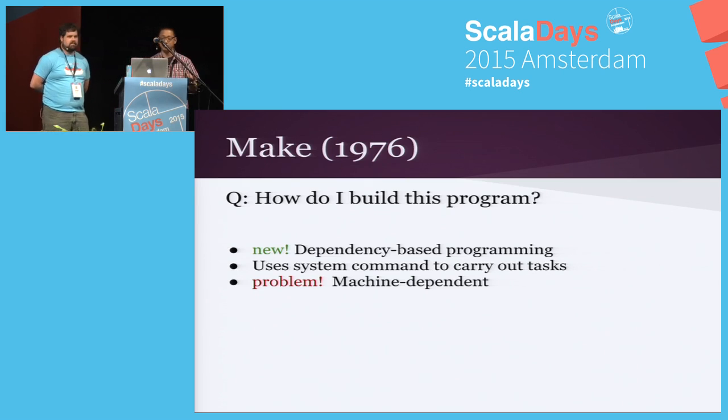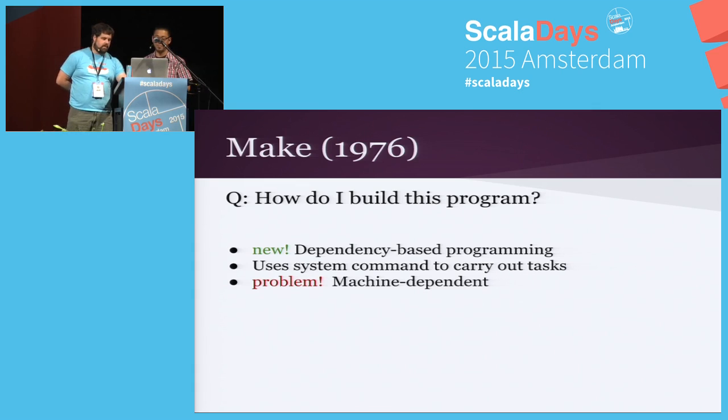So that's pretty cool. The downside is that it's using system level commands to carry out the actual tasks. So what would be the problem then? The problem is that you couldn't actually cross machines with make unless the actual executable or command that it was calling was something that was on multiple machines.